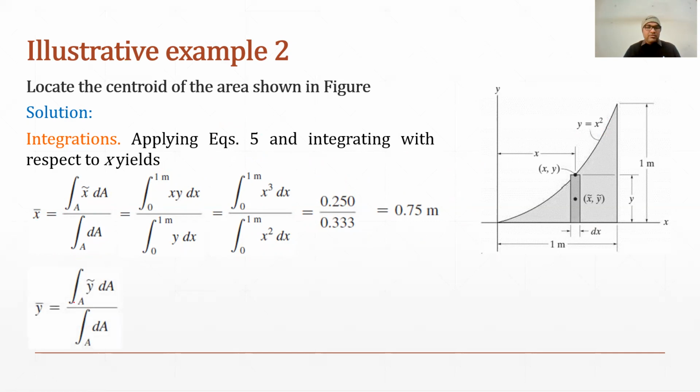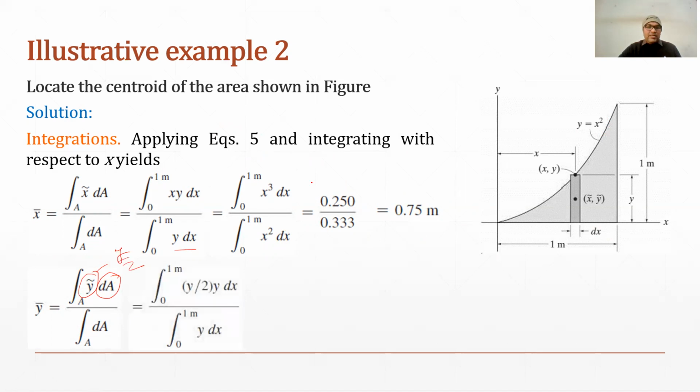Now for y bar, we have another equation, which is integral of y approx dA upon integral of dA. Again, we will replace the value of dA with y into dx and y approx with y by 2, because we have already calculated y approx as y by 2.